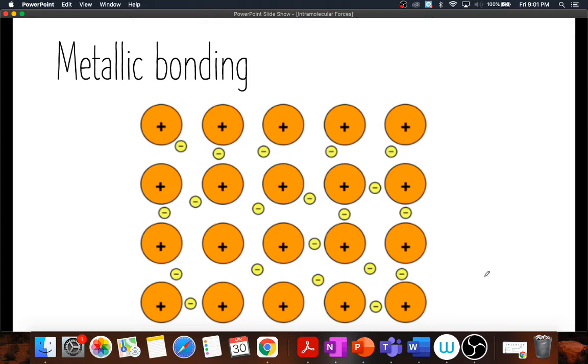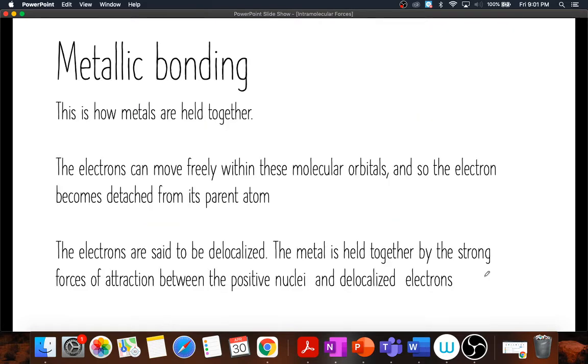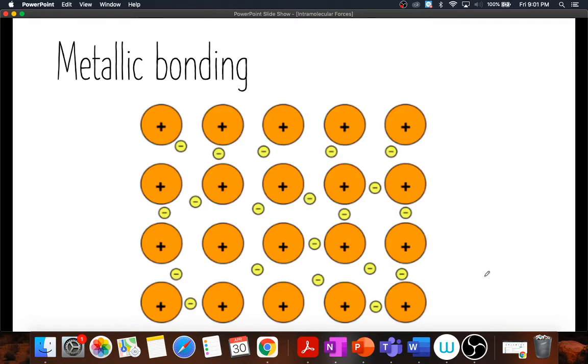So imagine that you have seen a block of gold, right? There's nothing in that pure gold block except for gold itself. And if that's the case, the bonding that exists there looks a little bit like this. Okay, so let's go back. Metallic bonding is how metals are held together. And you have in there a bunch of different atoms.